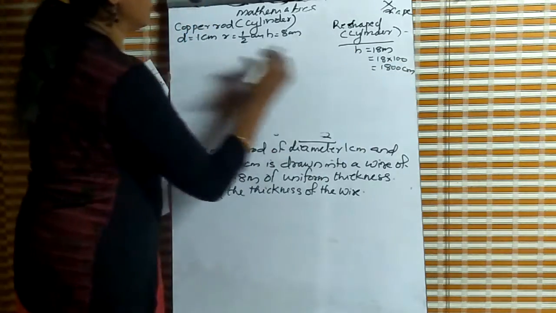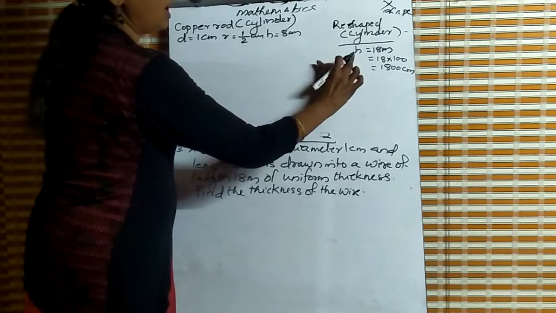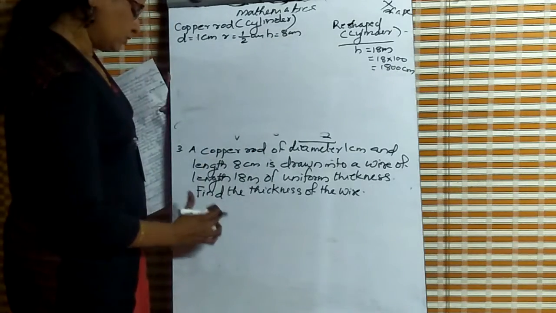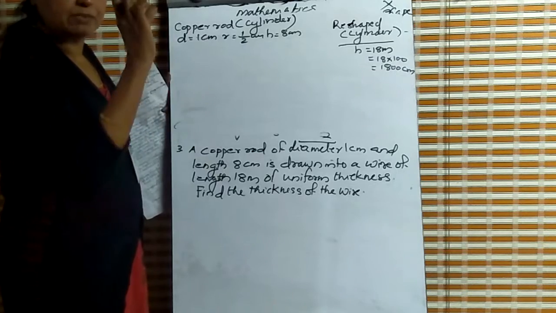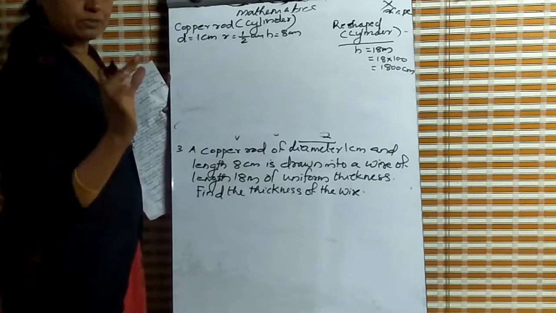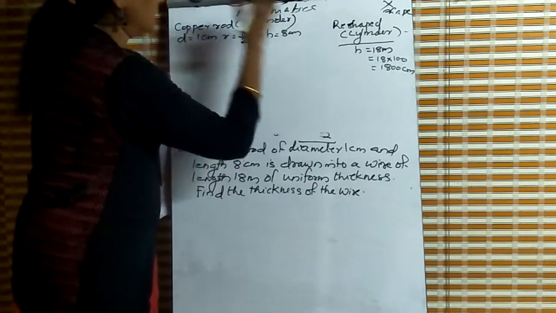This first cylinder is reshaped into a second cylinder having height 1800 centimeter. Our question is, find the thickness of the wire. Thickness of the wire means the diameter of the wire. For calculating the diameter, first we have to find the radius of this reshaped cylinder.